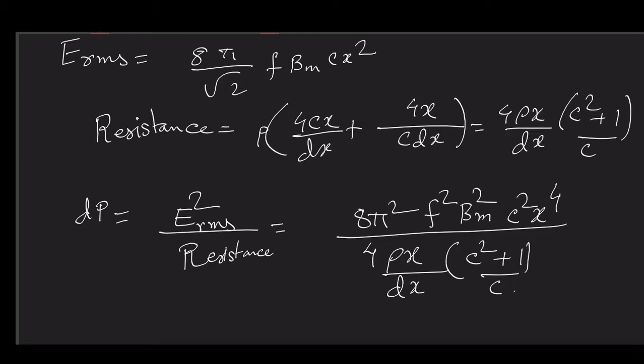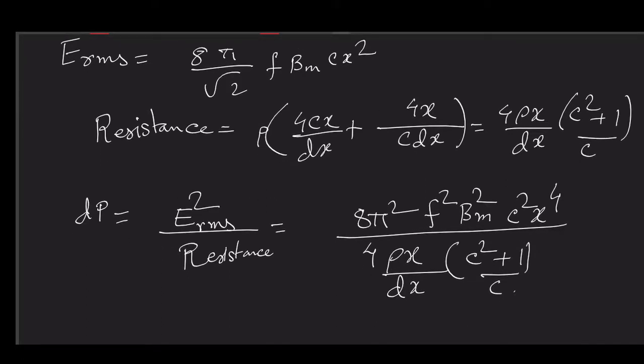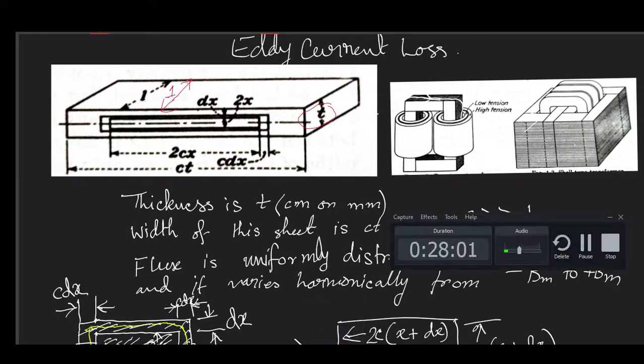Because if your total thickness is T, x cannot vary below T by 2. It is impossible. Then one side of the rectangle will try to emerge in the other side of the rectangle. So it is not possible. So what is the limit? It is from 0 to T by 2, and that you have to integrate to find out the total power.